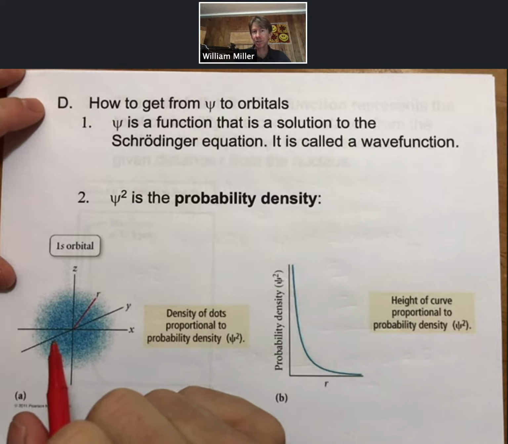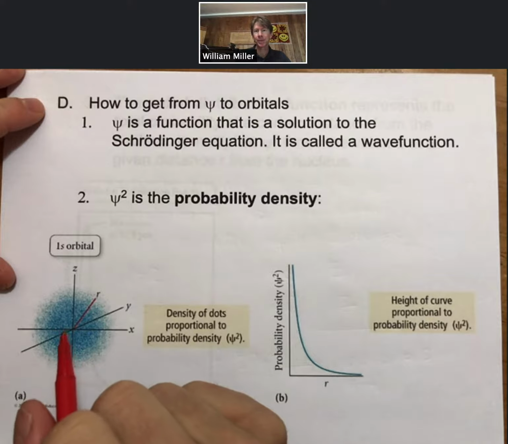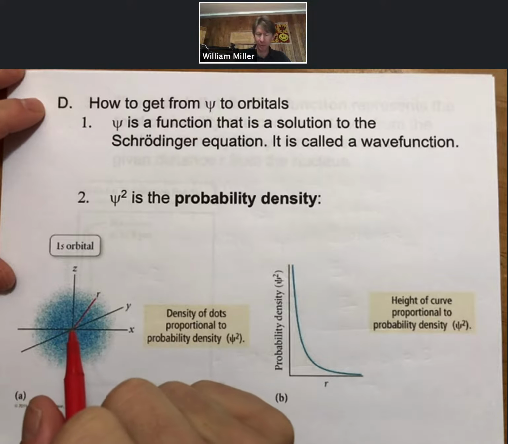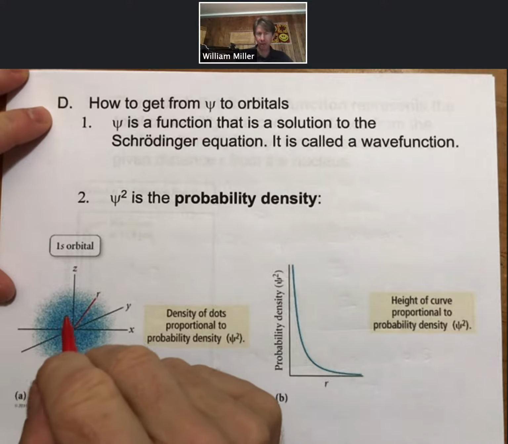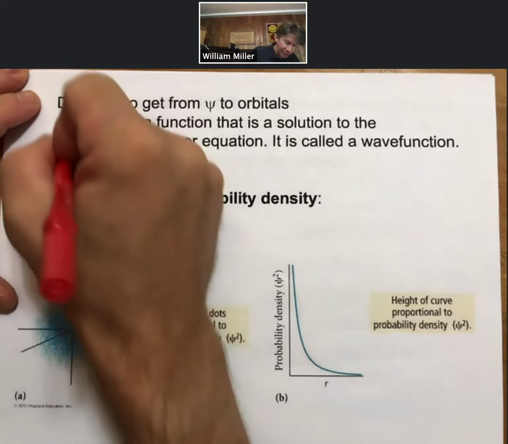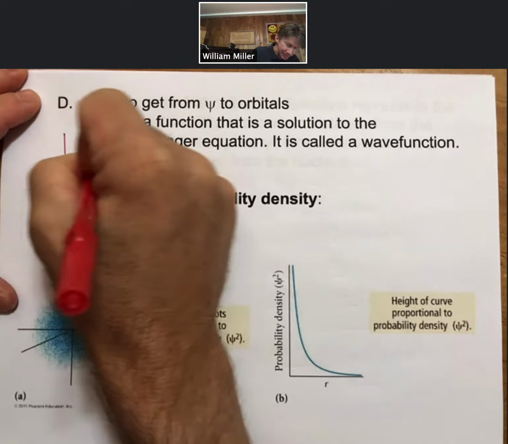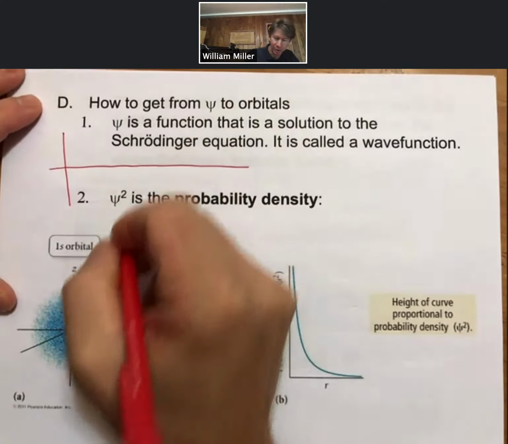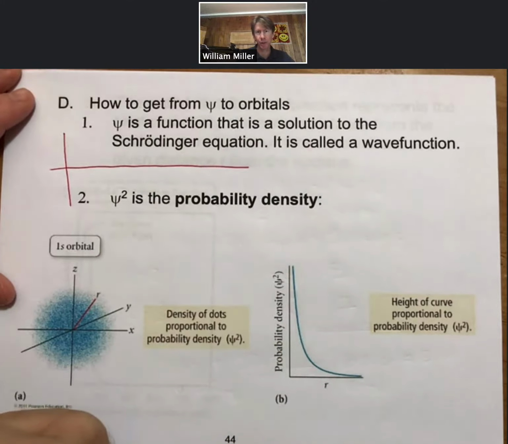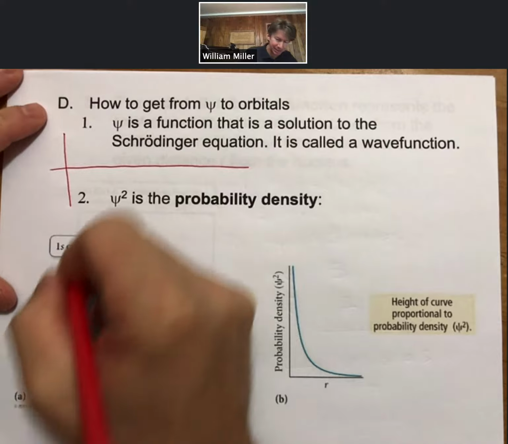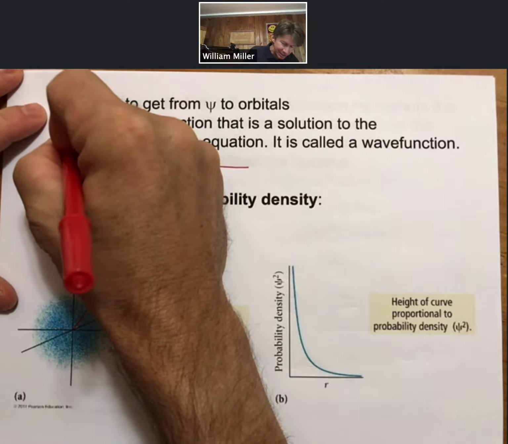And so it has the general form of a wave with an exponential decay away from the nucleus. And so if I were to draw some waves here, and I were to do it in red for psi for 1s, it basically looks like this.